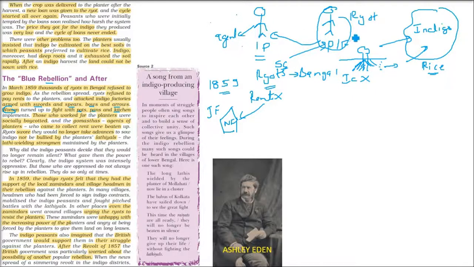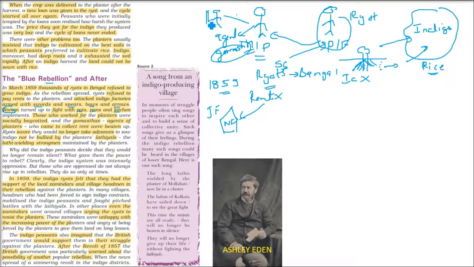And those indigo planter agents at that time were called gomashtas. These were basically the agents of planters who were recruiting these rayats or making the actual agreement with the rayats. So when they came to collect rent, they were beaten up. Gomashtas were beaten up. Okay. So these zamindars or big people have lathials.